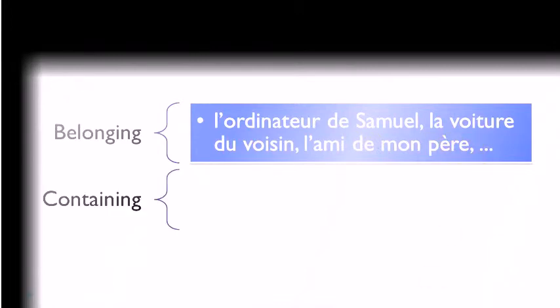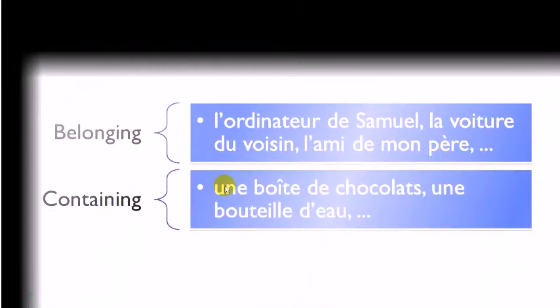Let's see now another use of la préposition de when you want to introduce this containing concept. Like here, for instance, une boîte, a box, de chocolat. Inside the box you've got chocolates, une boîte de chocolat. The use of de in that case is quite clear. It's just because les chocolats sont contenus dans la boîte.